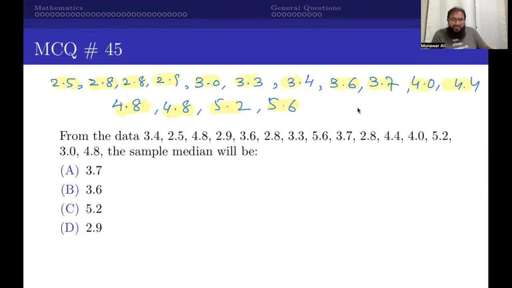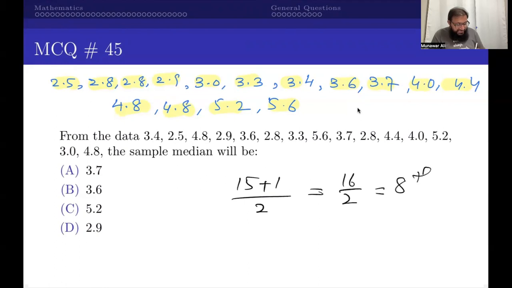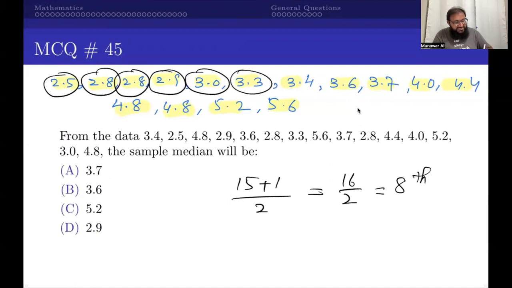So the middle value, if the number of sample points is 15, is at position 15 plus 1 over 2. So it's going to be 16 over 2, so the eighth position is our median. The eighth position is first, second, third, fourth, fifth, sixth, seventh, and this is the eighth position.